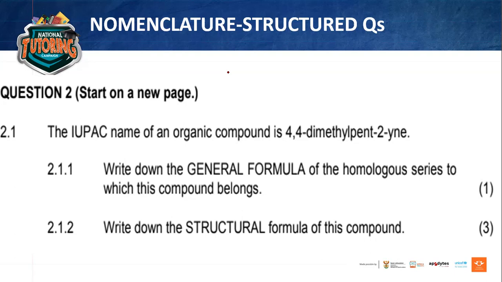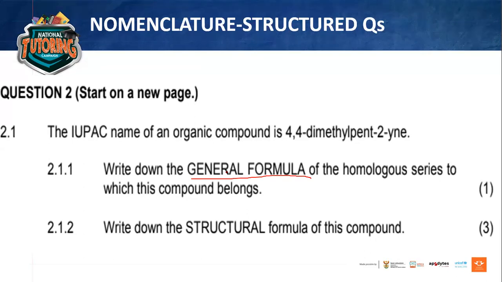So there we've been given an IUPAC name. This molecule, they ask us questions. They say, write down the general formula. Now, my dear learners, this is in capital letters. It means you need to take cognizance of it. They say, write down the general formula of the homologous series to which this compound belongs.